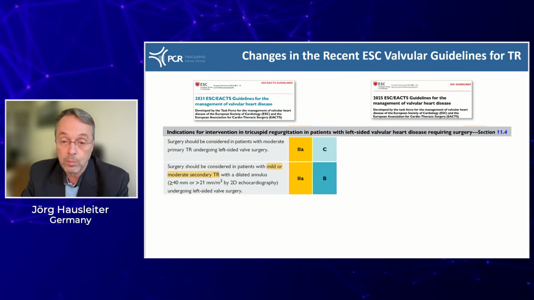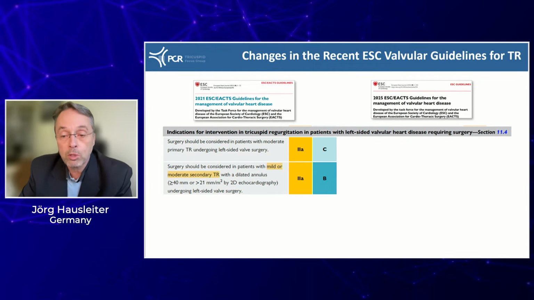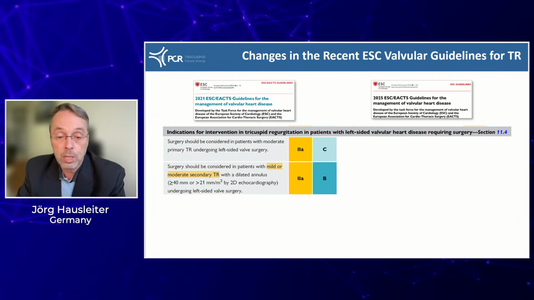Then we have some important changes in the guidelines from 2021 to 2025, especially for those patients who have a concomitant mitral disease and who are considered for mitral valve repair. The previous guidelines mentioned that patients with mild or moderate TR in combination with a dilated annulus should be considered also for a concomitant tricuspid valve annuloplasty.